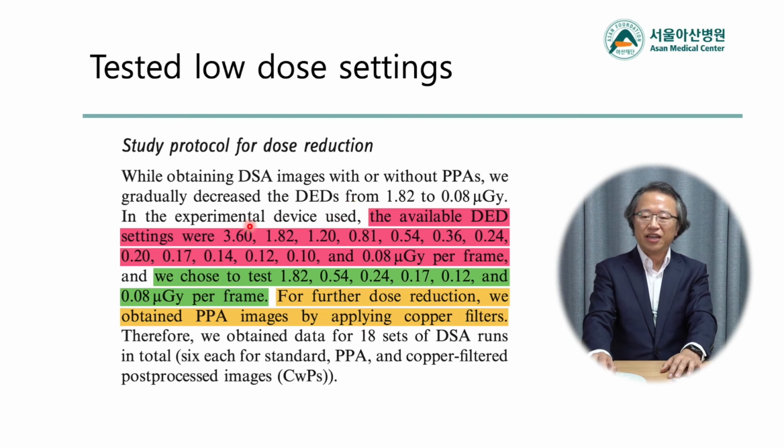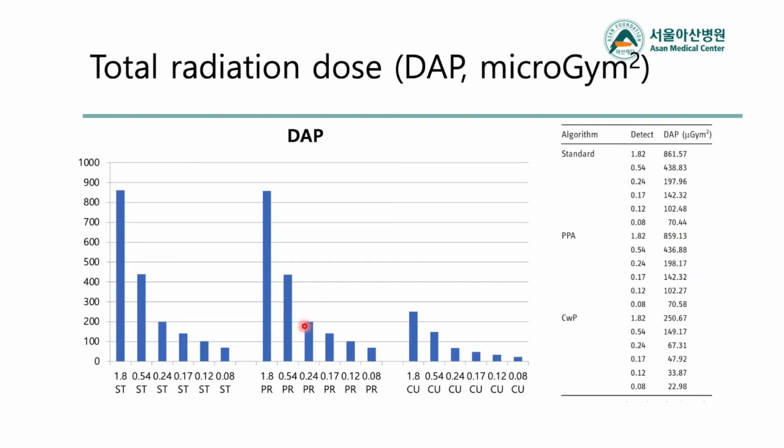DSA images were obtained with these settings with the standard image processing protocol, and then repeat DSA images were obtained with an improved image processing protocol with and without copper filters. As a result, the DAP dramatically decreased from 1.82 to 0.08 microgray, and a further reduction by applying the copper filter, an amazing reduction of the numbers from 8 to 20 in terms of DAP.